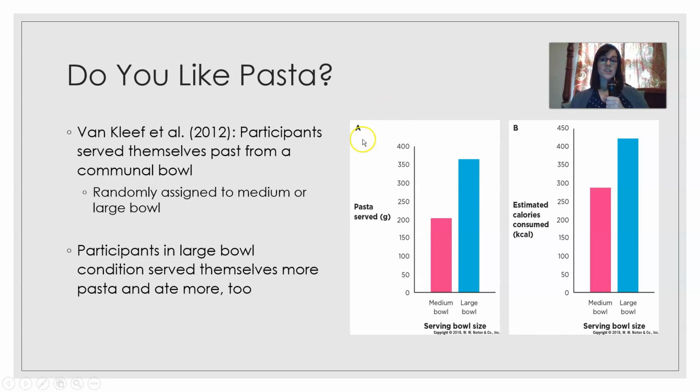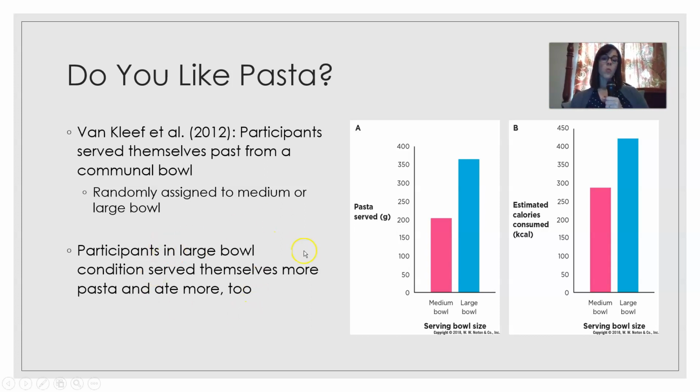These participants were randomly assigned to either a medium-sized bowl that they had to serve themselves from or a large bowl. These researchers looked at how much pasta they served themselves, and then they weighed the bowls with leftover pasta to make a determination of how much people had eaten.